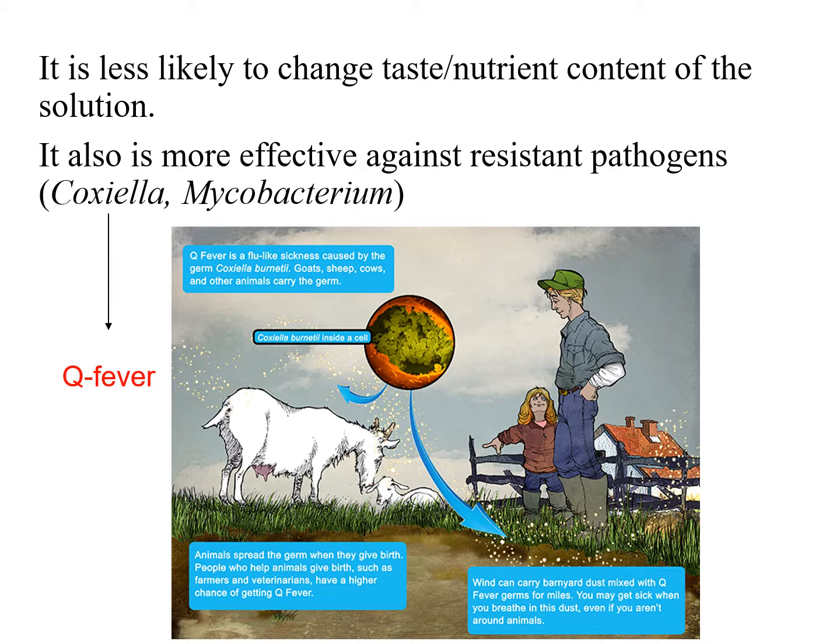It is less likely to change the taste and the nutritional content of the solution. It is also more effective against resistant pathogens such as the one that causes Q fever, Coxiella, and Mycobacterium. So pasteurization is a good thing because it kills a lot of these microbes that need to be destroyed.